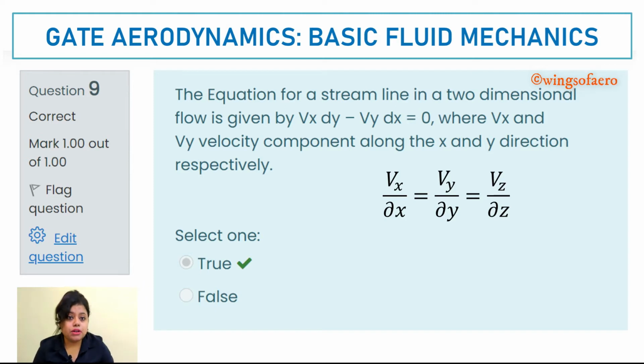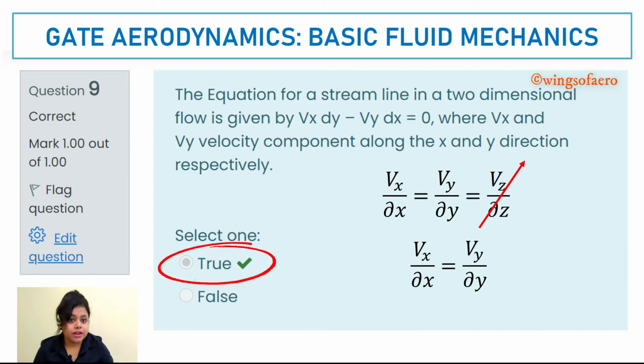The formula is Vx divided by dx equals Vy divided by dy equals Vz divided by dz. Here they have asked for two dimensions, so we take Vx divided by dx equals Vy divided by dy. When you solve that, we get the same statement as given here, Vx dy minus Vy dx, and it is absolutely the right statement. So, the answer is true.